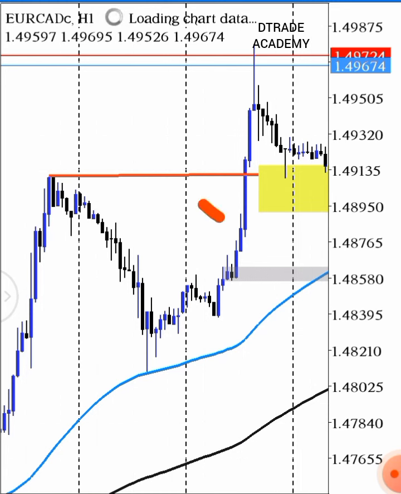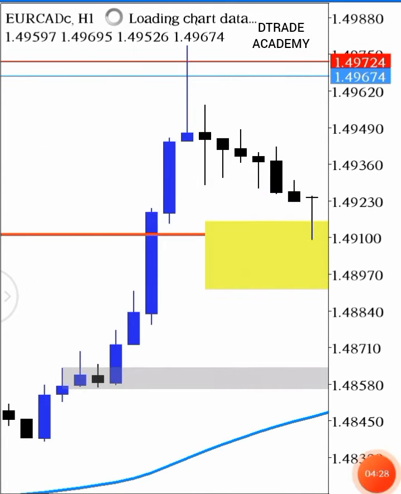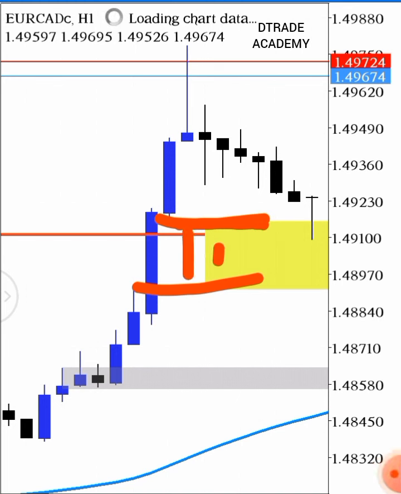I'm looking at this candle, 1, 2, 3. Let me zoom in. The first candle wick is this. Mark it out. Then the third candle wick, mark it out. That space is what we call imbalance.